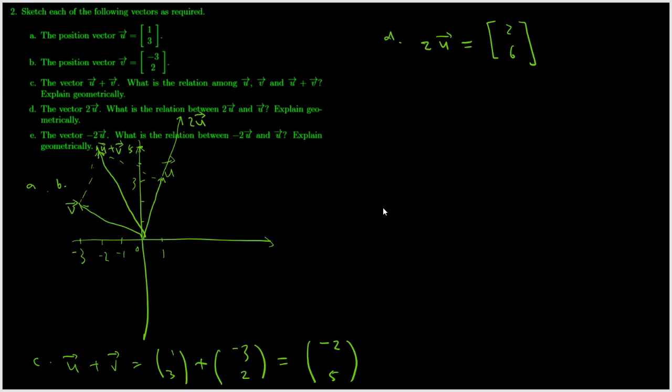Now, how do you answer the second part of question D? So what is the relation between 2u and u? To tell me a vector, you tell me two things: the direction and the length, right? The direction and the length will determine a vector. So 2u.